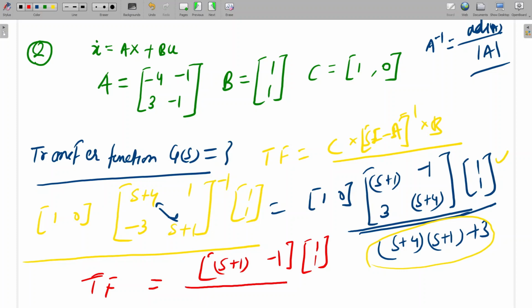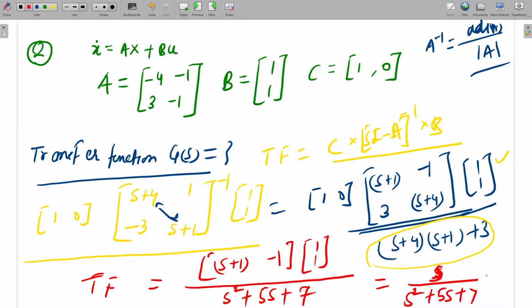In the denominator it will be s square plus 5s plus 4 plus 3, that is 7. So that will be s plus 1 minus 1. So our transfer function will be s divided by s square plus 5s plus 7. Is it correct?